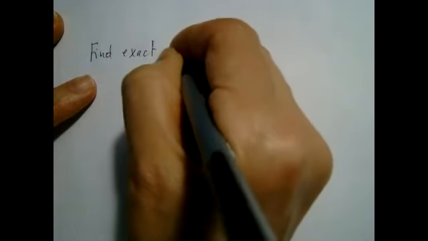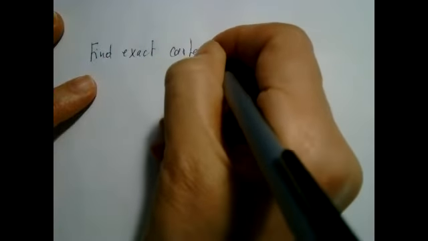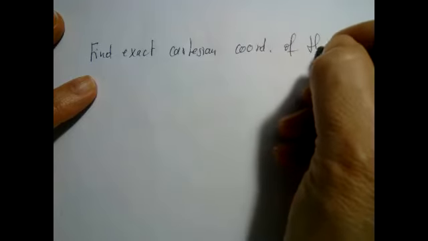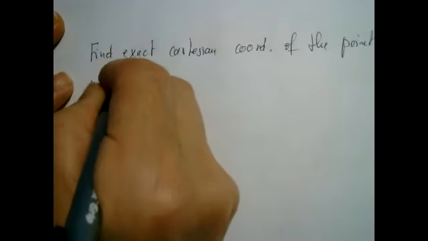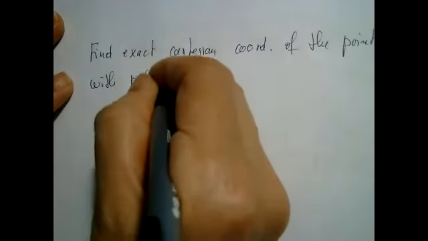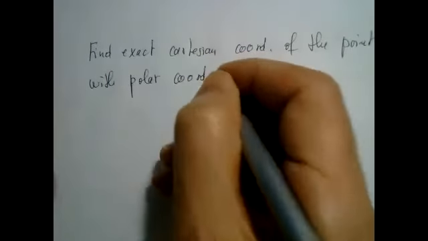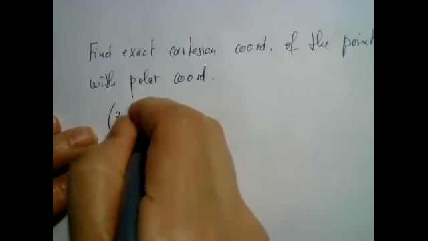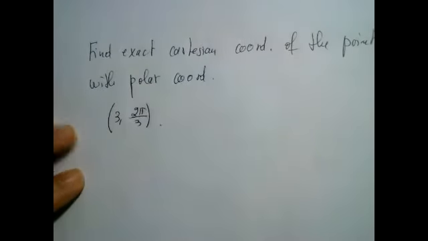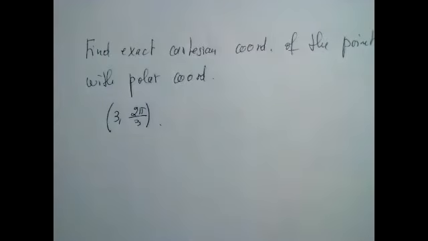So find the exact Cartesian coordinate of the point with polar coordinate 3 and 2 pi over 3. I want the exact value because I want you to remember some of those values.